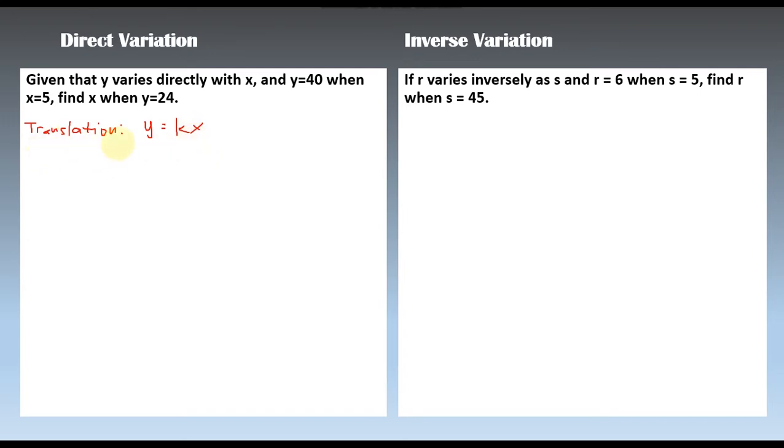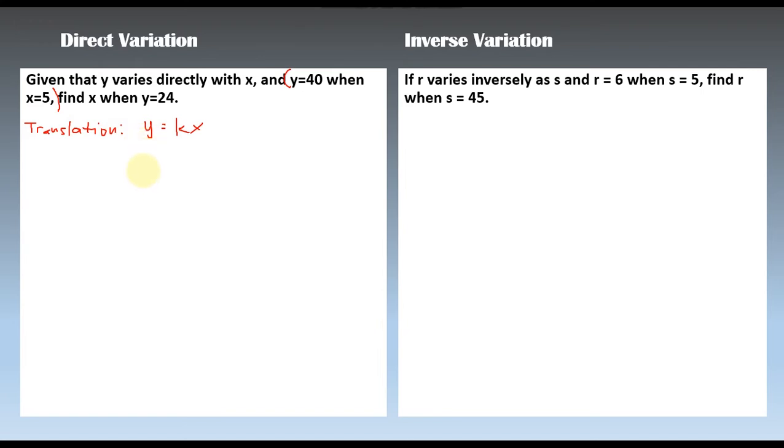To look for the constant of variation, first look at the second statement. We have a pair of numbers stated as y equals 40 when x equals 5. In that case, we can substitute those values into our translation.